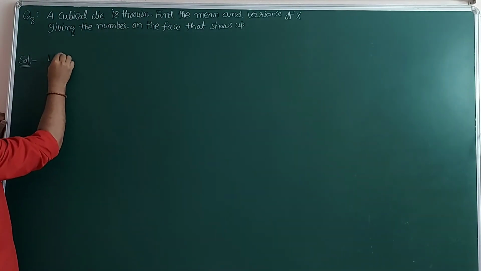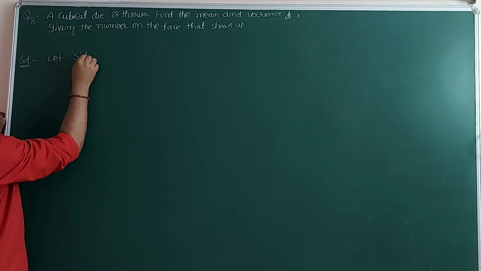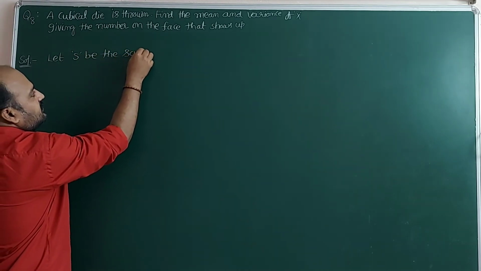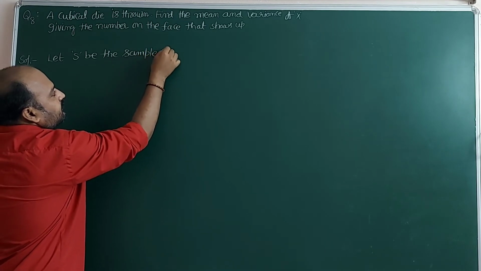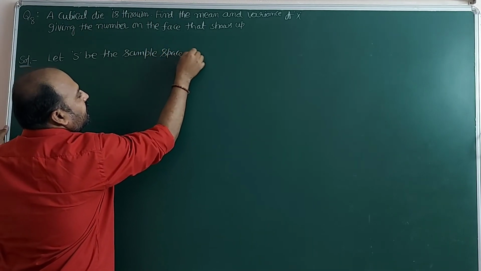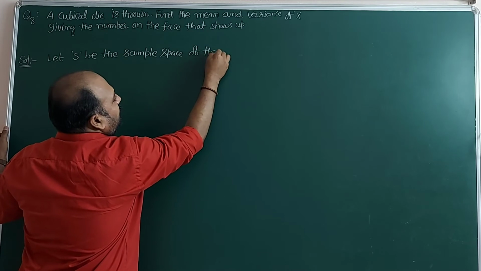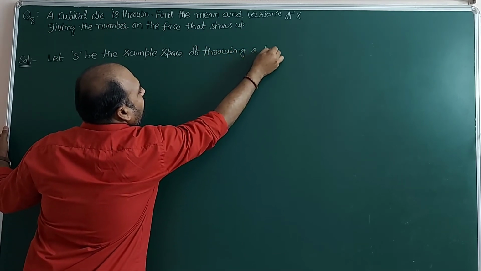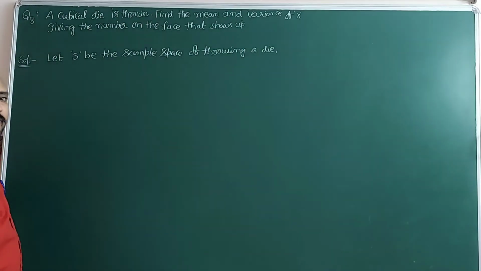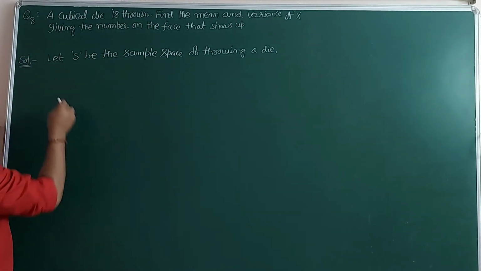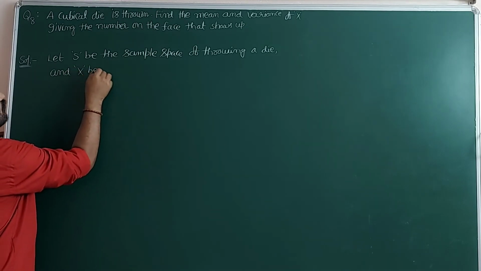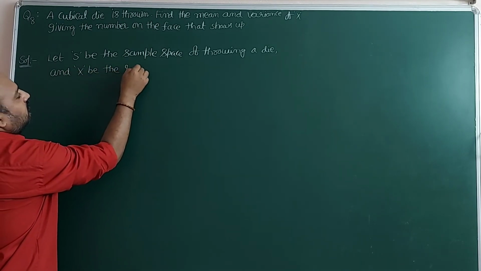Let S be the sample space of throwing a die, and X be the random variable.